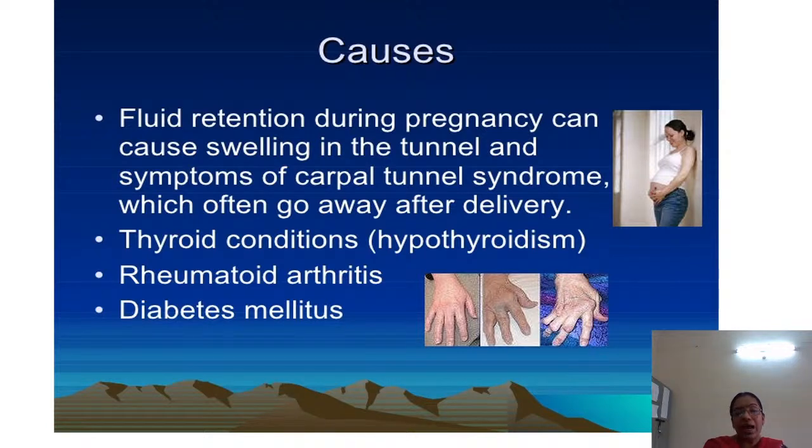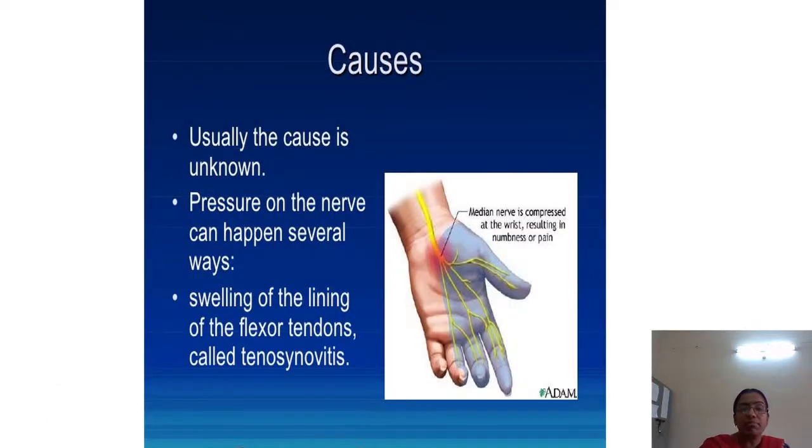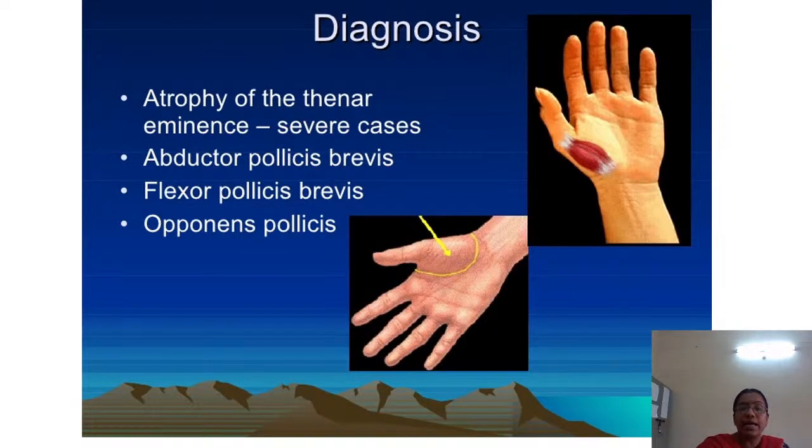Other than anatomical causes, when you see the other clinical causes, it might be because of fluid retention or any thyroid abnormalities. In rheumatoid arthritis and diabetes mellitus also, you can come across the median nerve being compressed at the flexor retinaculum, leading to atrophy of the thenar muscle, which causes pain and numbness around the median nerve distribution.